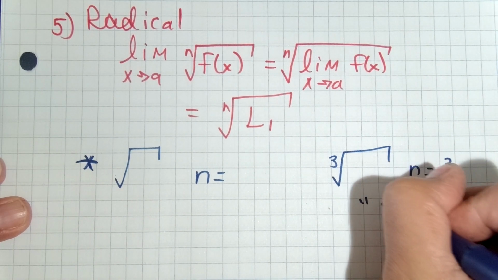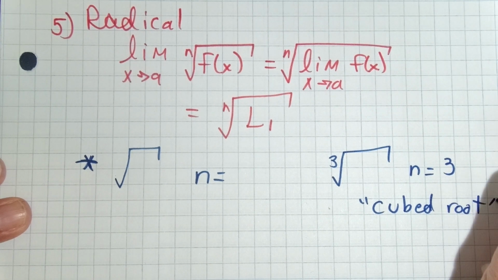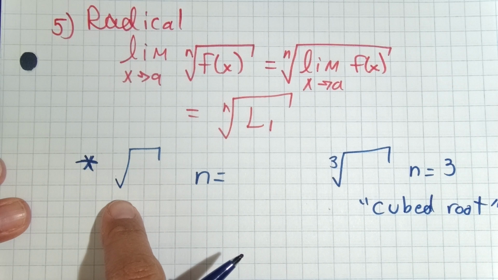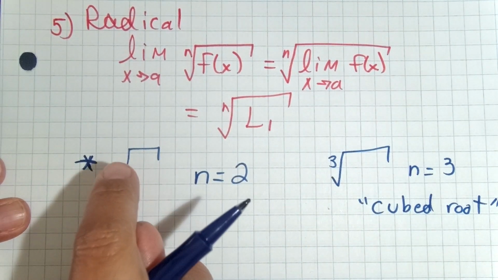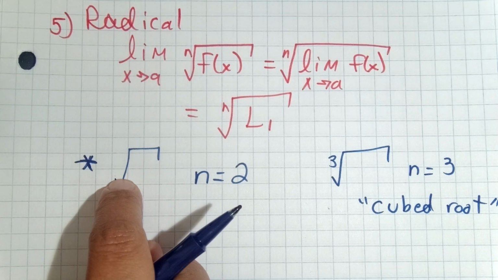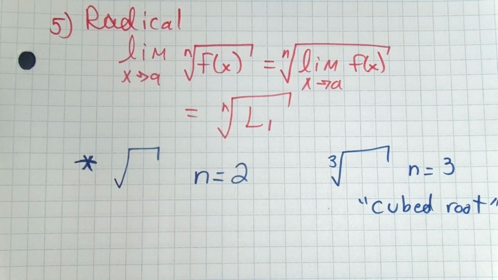This is the cubed root. What is this called? Square root. So what would n be? 2. Very good. This is one of the very few things that if there is no number there, the understood number is not 1. Here, the understood number is 2. Okay? So keep that in mind. The understood root is 2.